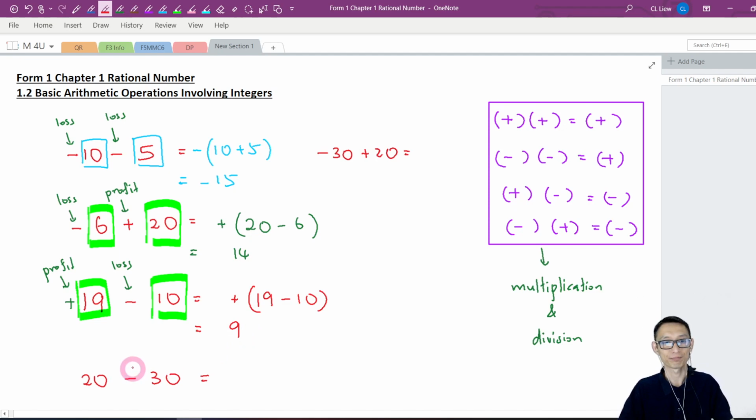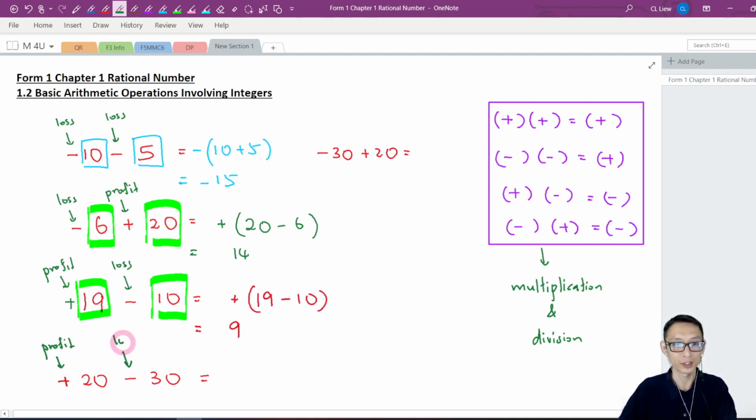How about this one? Same thing, you do not see any sign here, it means positive. Now, again, if you don't know how to solve this one, you can think about profit and loss. This is profit. This is loss. Profit 20 ringgit, loss 30 ringgit. You know the answer, which is negative 10. How do we get negative 10?